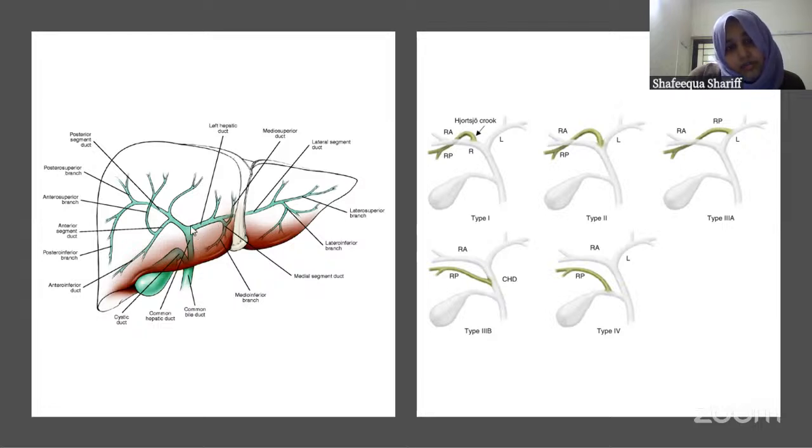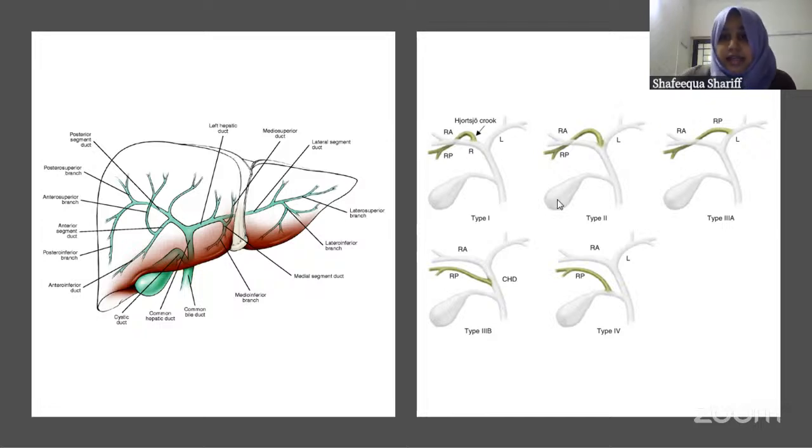The confluence of the right hepatic duct and the left hepatic duct forms the common hepatic duct. This common hepatic duct comes down and joins with the cystic duct, which comes from the gallbladder, to form the common bile duct.